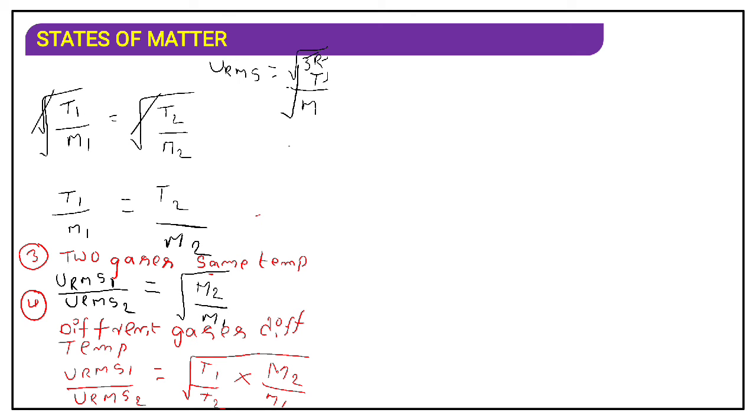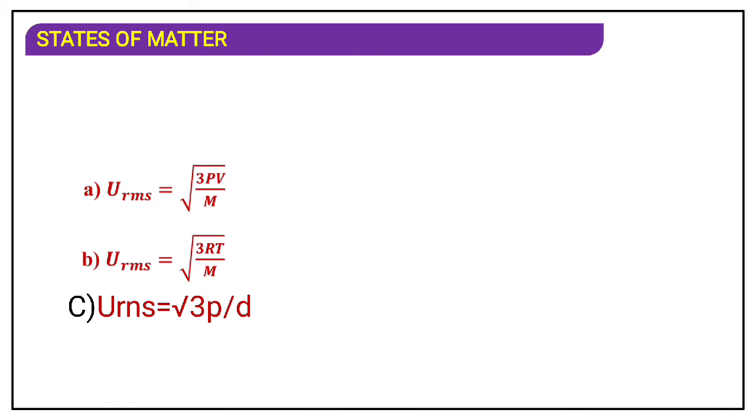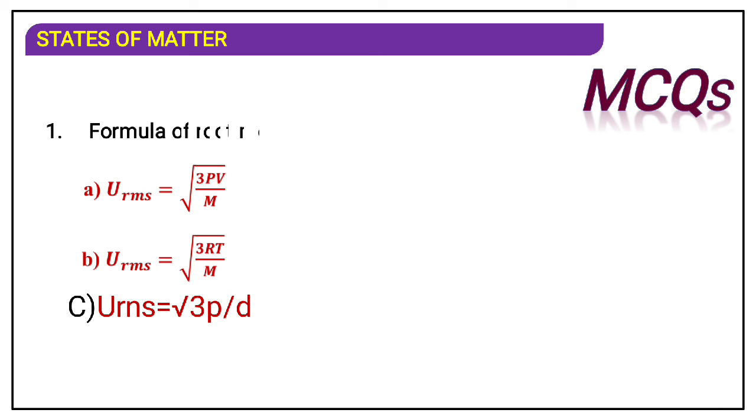Now the next topic is, we'll discuss one MCQ here. The MCQ is: formula for root mean square velocity. A option, URMS equals what? These are the options given to you. Once again for clarity I will write here.